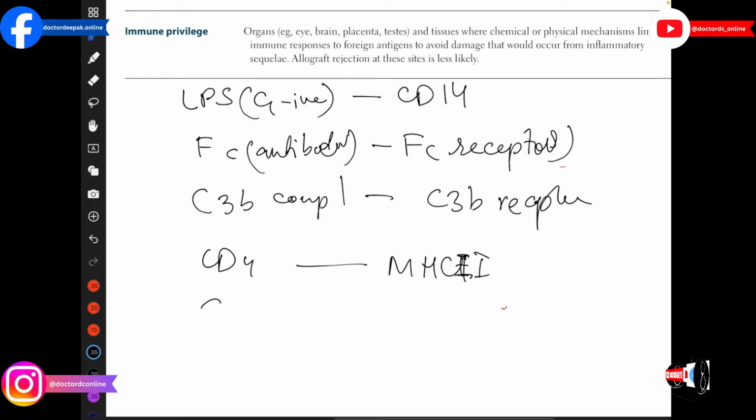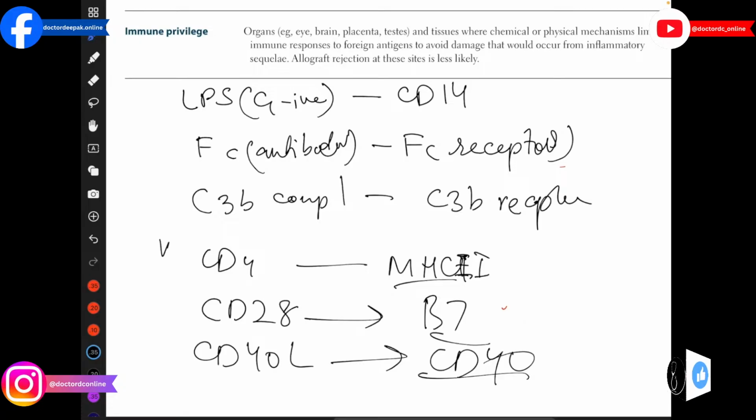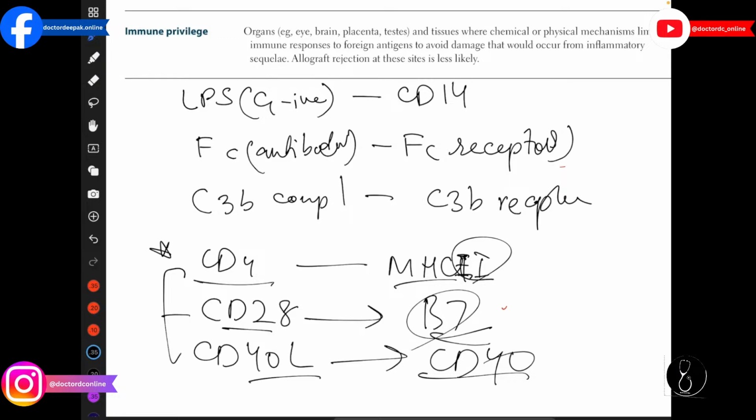If there is CD28, it attaches with B7. If there is CD40 ligand, it attaches with CD40 present on macrophages. That is so important, so remember for upcoming topics that CD4 attaches with MHC class 2, CD28 with B7, and CD40 ligand with CD40.